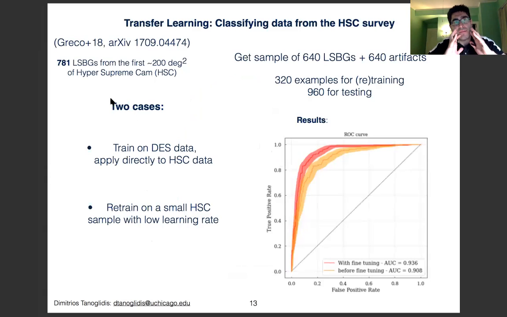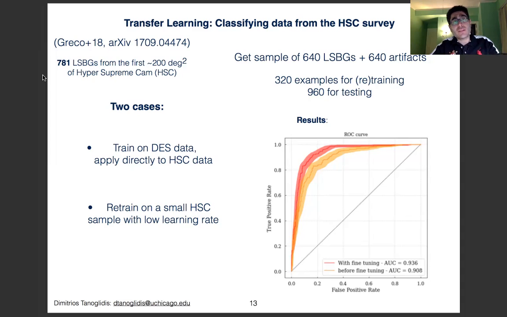Okay, now the real deal, I think, because we showed the results on the Dark Energy Survey, but we will have to use this classifier, and probably something trained on DES, to find low surface brightness galaxies from another survey in the future.